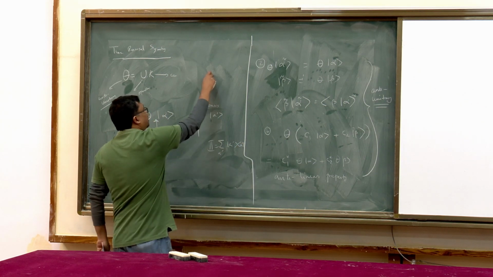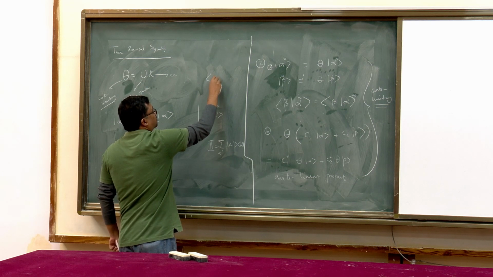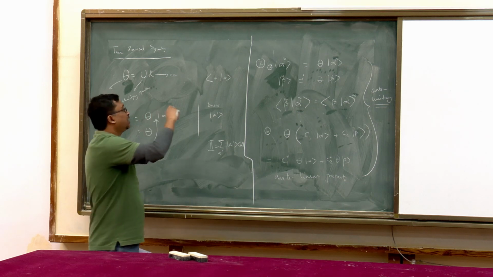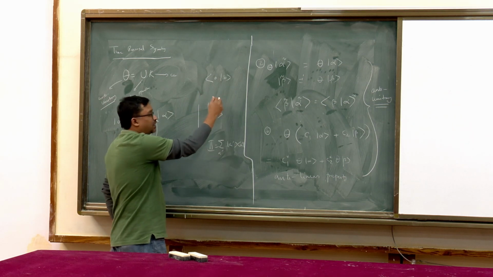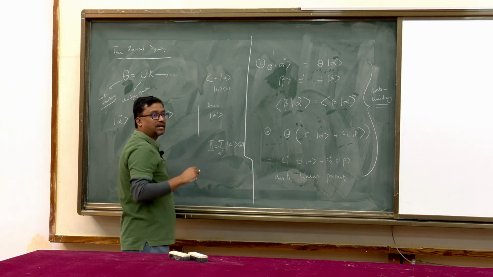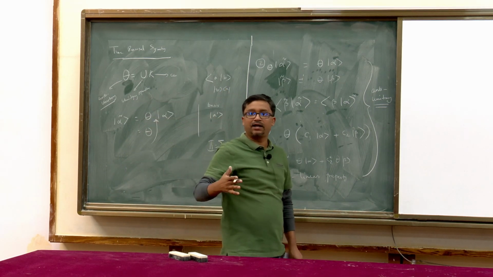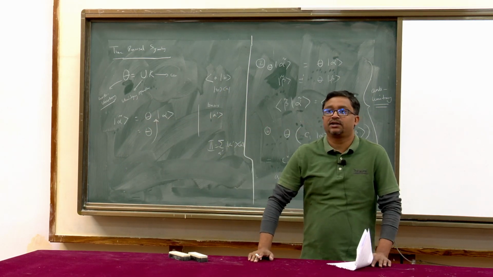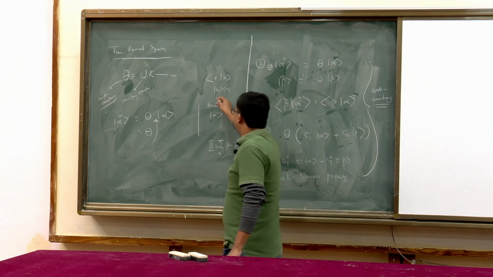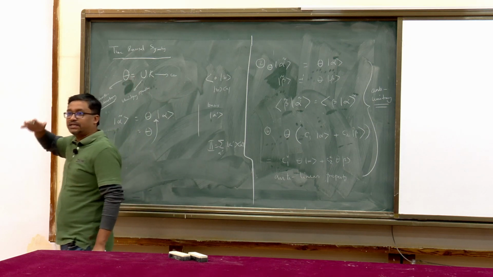I think all of you possibly know this, but if you have a bracket combination, that is a scalar. If you have an outer product, that is a dyadic product, that increases the rank of whatever you are talking about. So, here we are talking about vectors. These kets are vectors.